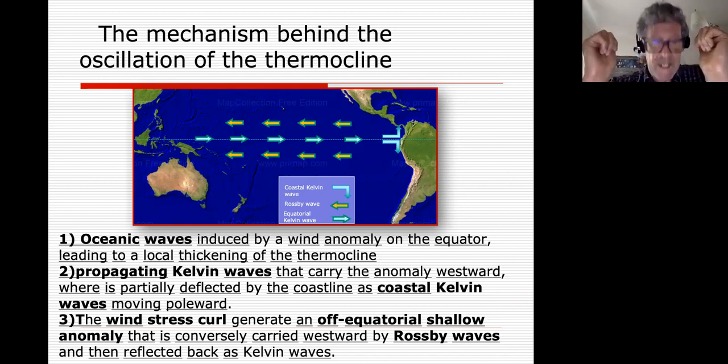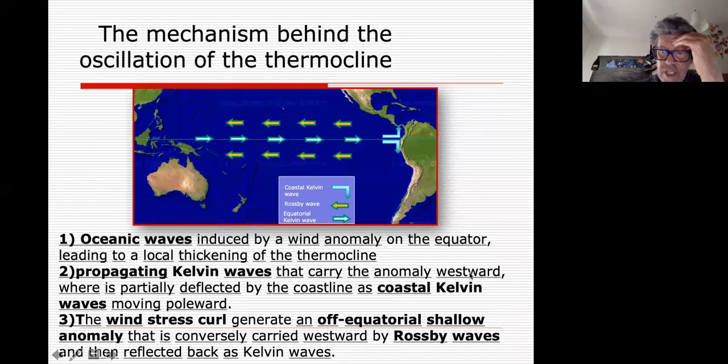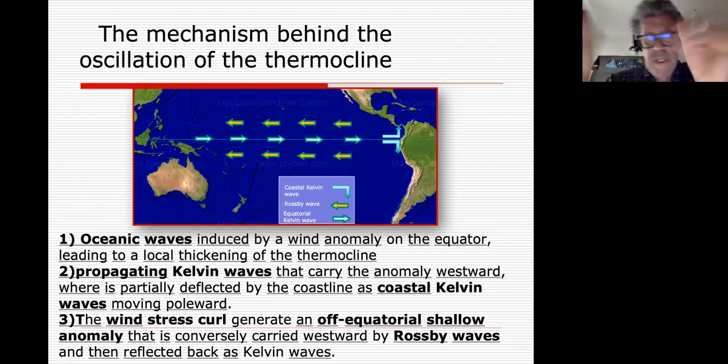So the Kelvin waves propagate eastward and carry the anomaly in the thermocline. Sorry, that's an error, it goes eastward, not westward, and it takes sometimes of the order of 70 days.